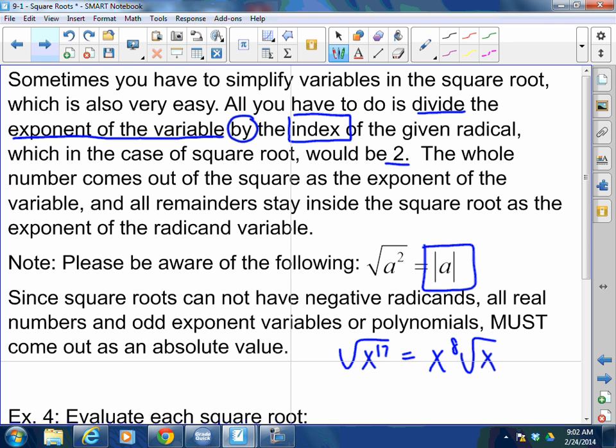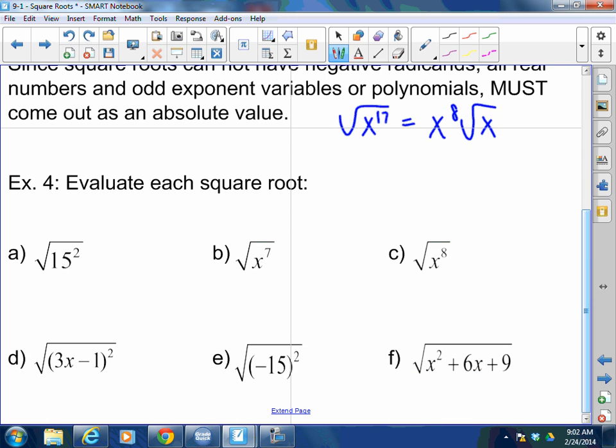Okay, now let's look at some examples. What's the square root of 15 squared? Be careful. It's really the absolute value of 15. Why? Because what's the power of 15? What's the exponent there? 1. So it equals 15. Be careful. Would that equal plus or minus 15?